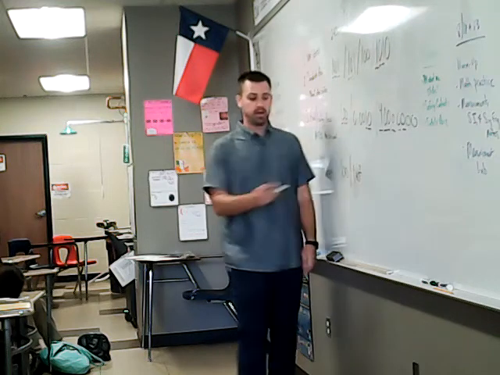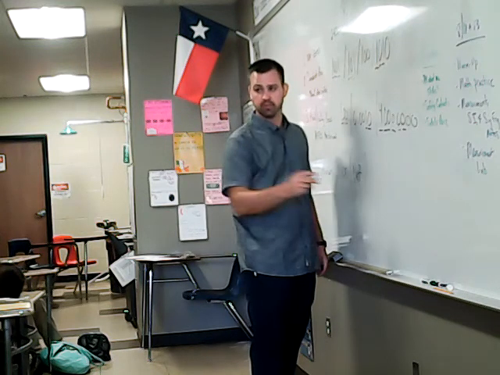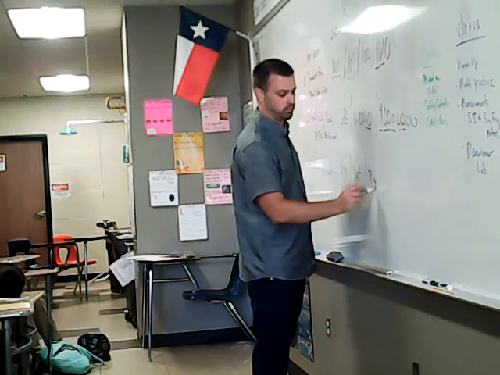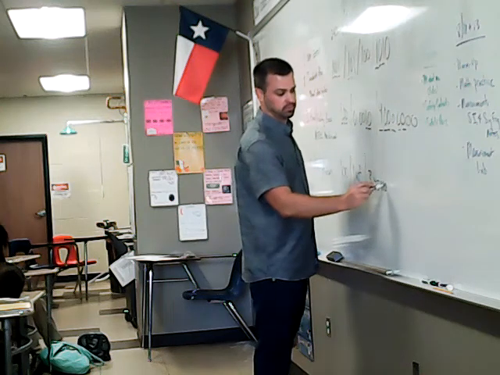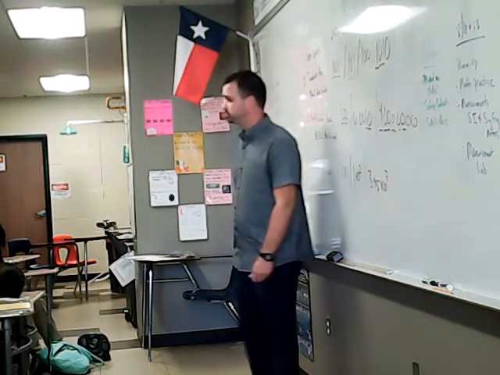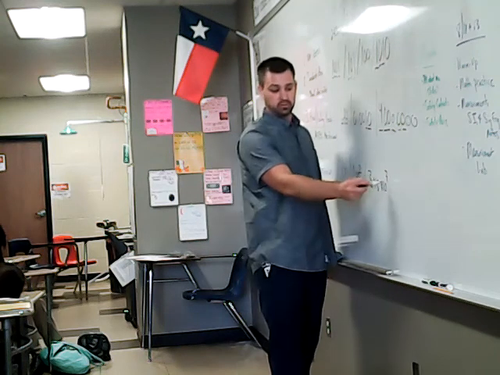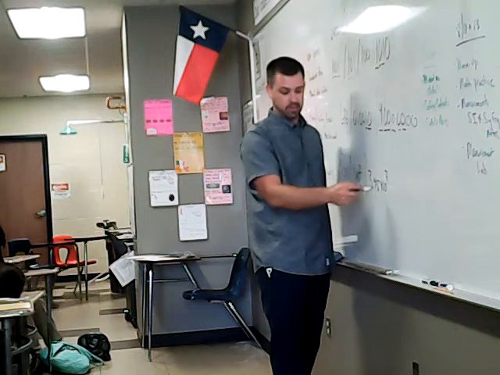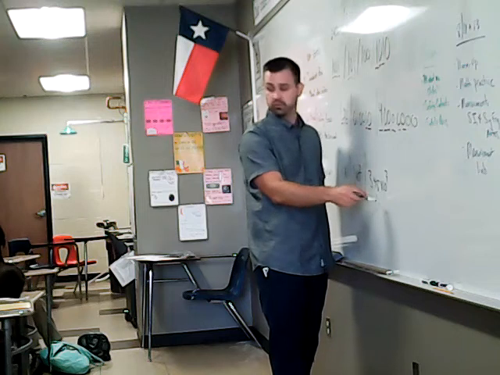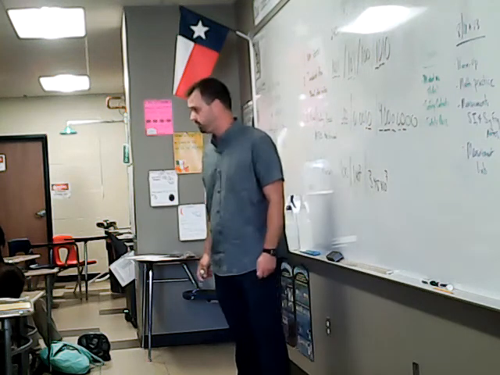If I go something like 3.41 times 10 to the 7th, this 7 just means I'm moving this 7 spots to the right.